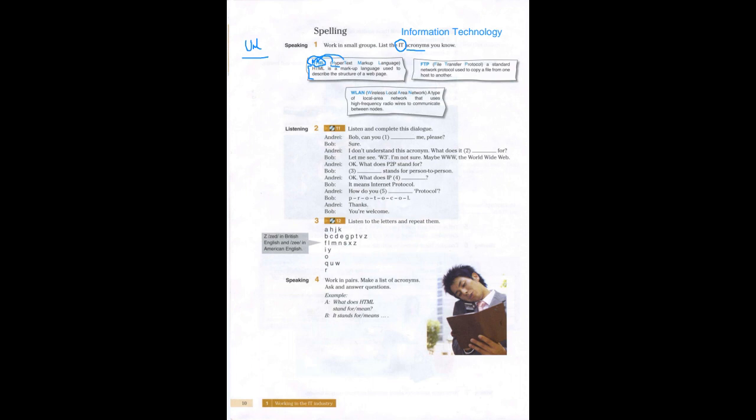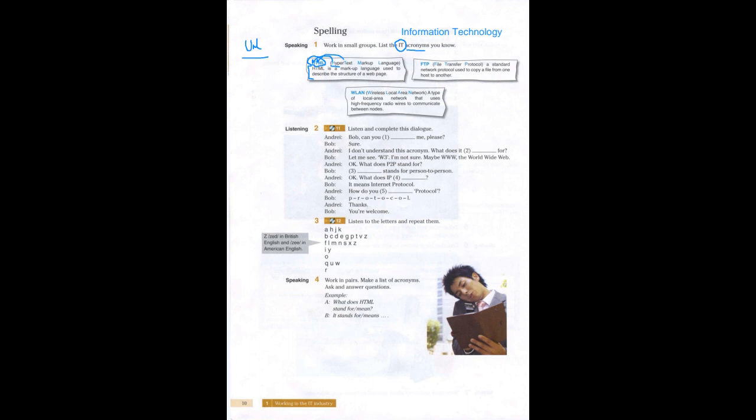It is a standard network protocol used to copy a file from one host to another. Here we have a third term, WLAN, wireless local area network, a type of local area network that uses high-frequency radio waves to communicate between nodes.